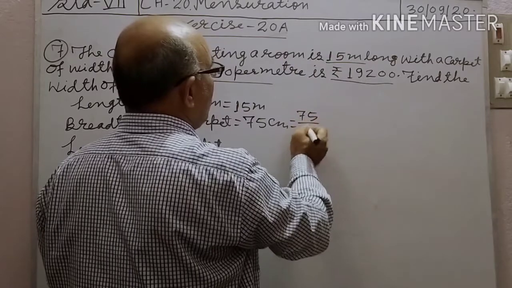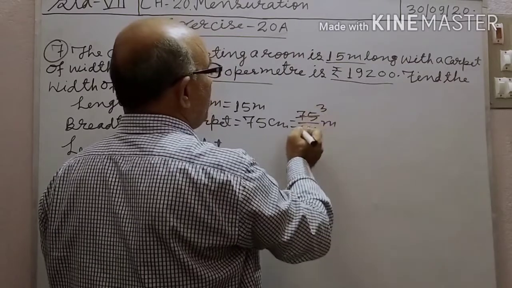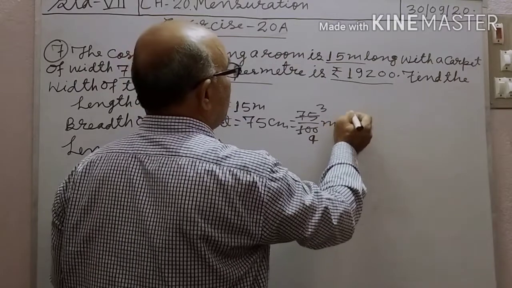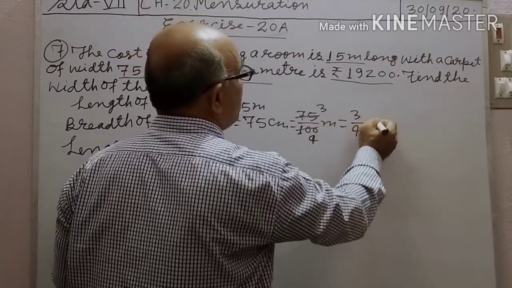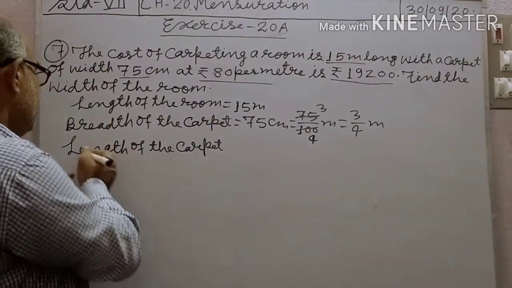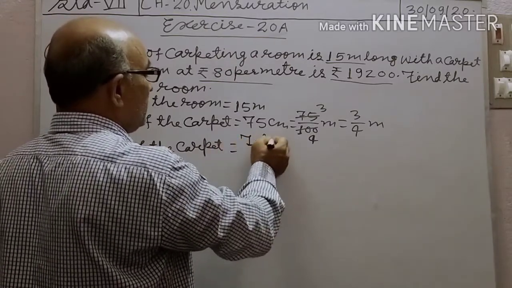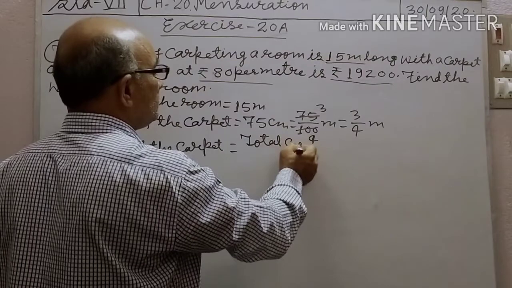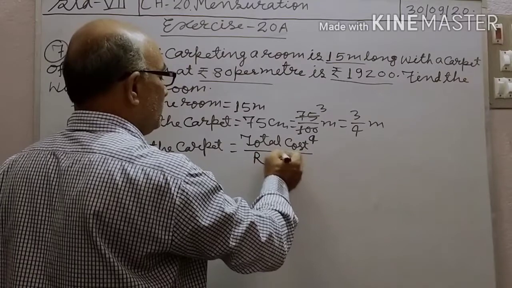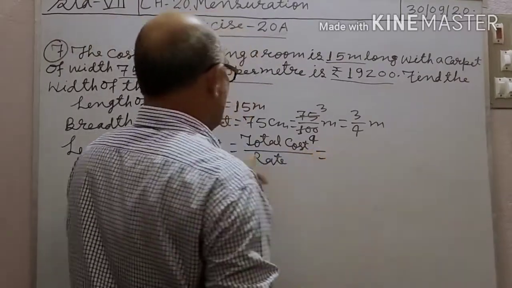So 75 by 100 meter. 25 3s are 75 and 25 4s are 100, equal to 3 by 4 meter. 3 by 4 meter is the width of the carpet. Now length of the carpet equal to total cost by rate.